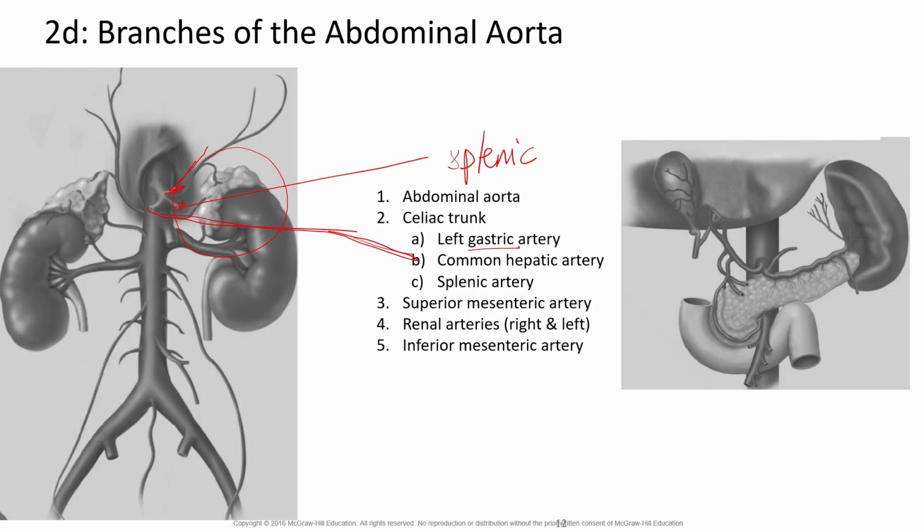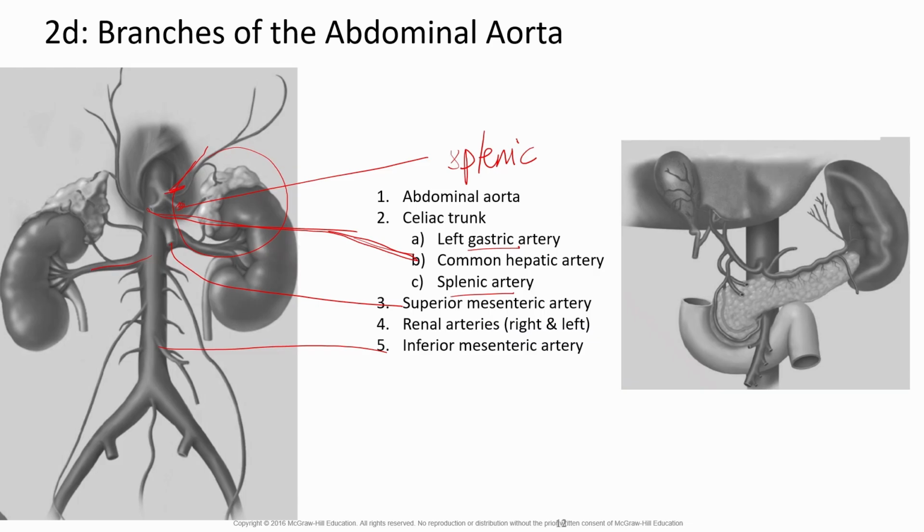The next one actually is my splenic artery, and the third one here is my hepatic. And the mesenteric we already identified previously. There are two of them, the superior and the inferior. The superior is this big one right here, and the inferior exits way at the bottom over here. And of course, your renal arteries you cannot miss because they go to the kidneys.